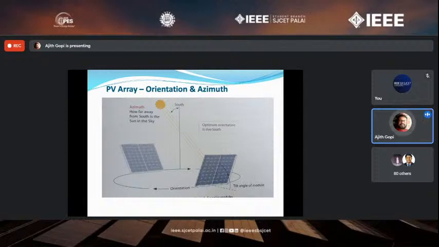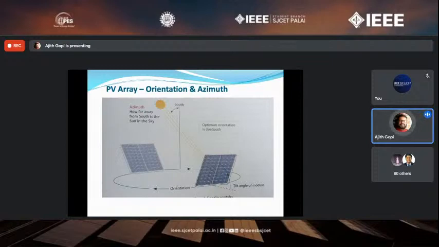But I'm telling how I use this azimuth in software simulations. If I orient my solar modules towards west, I will put my azimuth as -90. If I orient towards south, I will put 0. If I orient towards east, I will put +90. So which will give some different kind of yields.